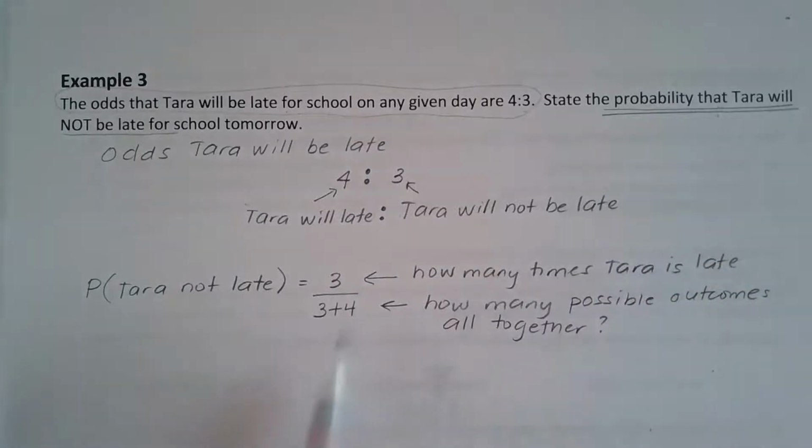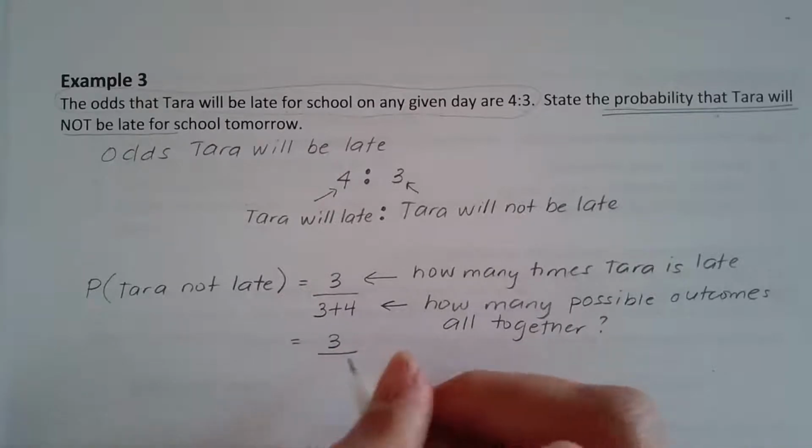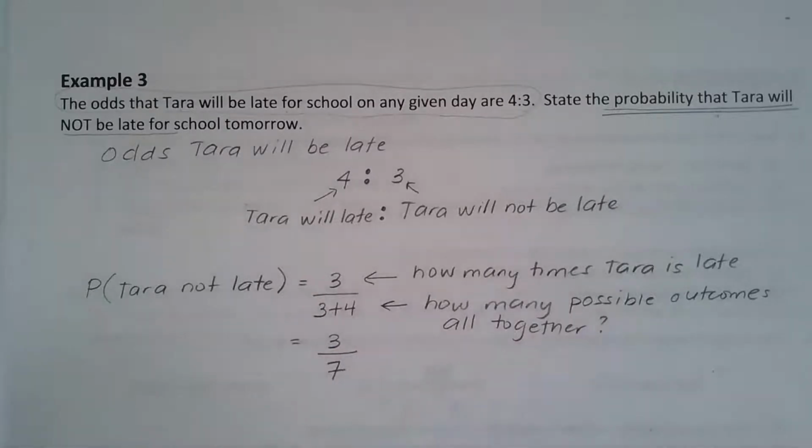So the denominator, all possible outcomes, would be either late and not late. So 3 out of 7. The probability that Tara is not going to be late is 3 out of 7.